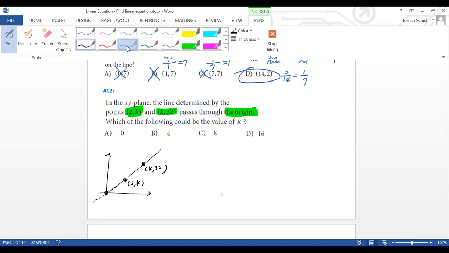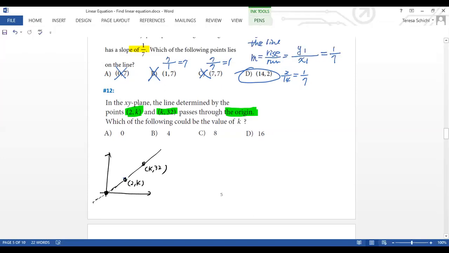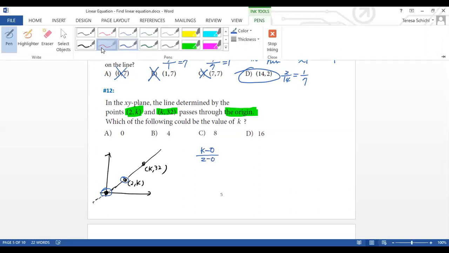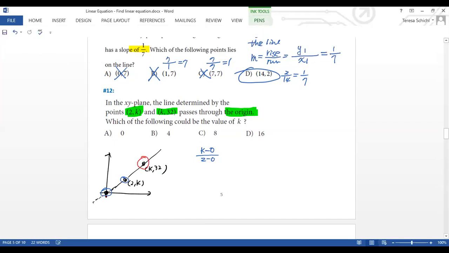So these 3 points all lie on the line, and we use the same concept. The slope of the point 2, k and the origin will be k minus 0 over 2 minus 0. It should equal the slope of the point k, 32 and the origin, because they are on the same line.